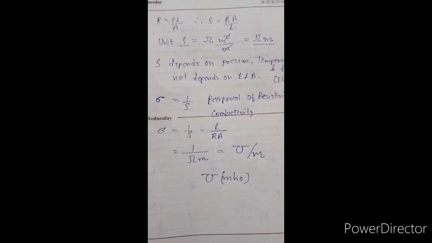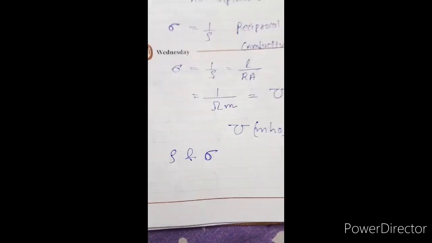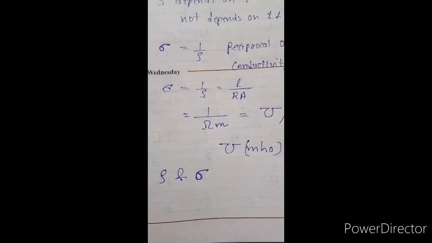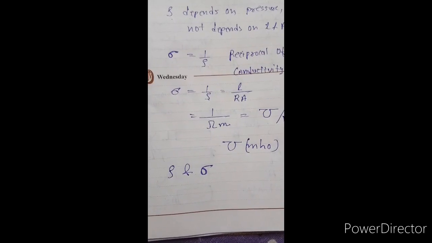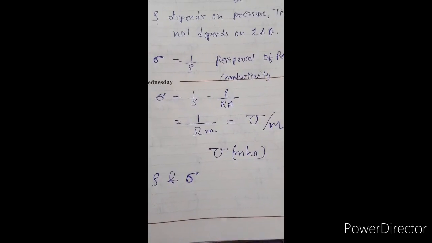Now how can you find rho and sigma, or how can you tell about the material by using rho and sigma, resistivity and conductivity? By knowing the value of resistivity and conductivity, how can you say that this material is conductor or insulator?